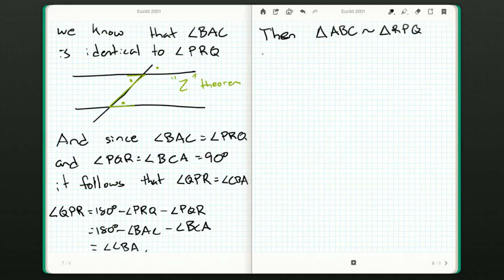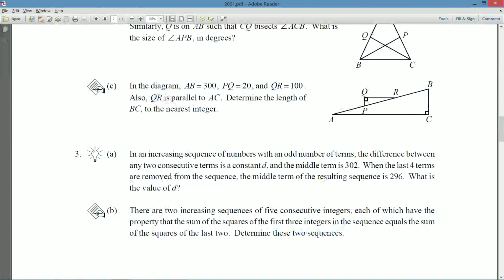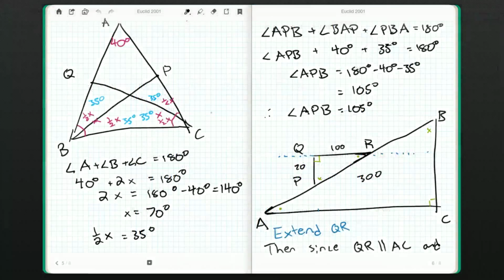Now, that means that the proportions of the sides are the same. Now, what were we asked? We were asked to find BC to the nearest integer, I think it was. Let's double check that. Yeah. Determine the length of BC to the nearest integer. So it'll probably be a round down or a round up sort of thing.